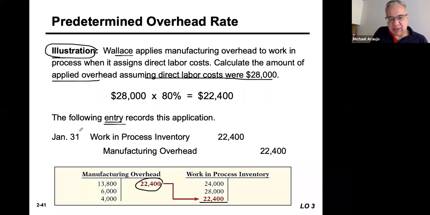And so that's what you see here. This particular entry simply increases our work in process inventory by $22,400 and lowers the manufacturing overhead by $22,400. This is what you'll be doing in terms of the journal entry here.